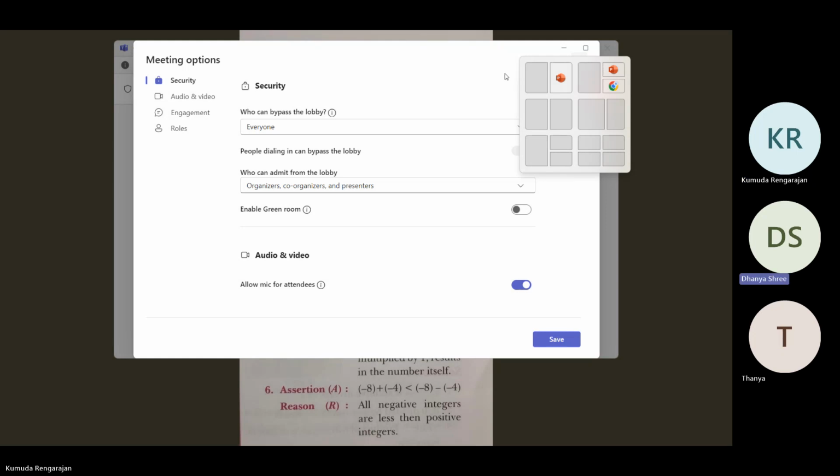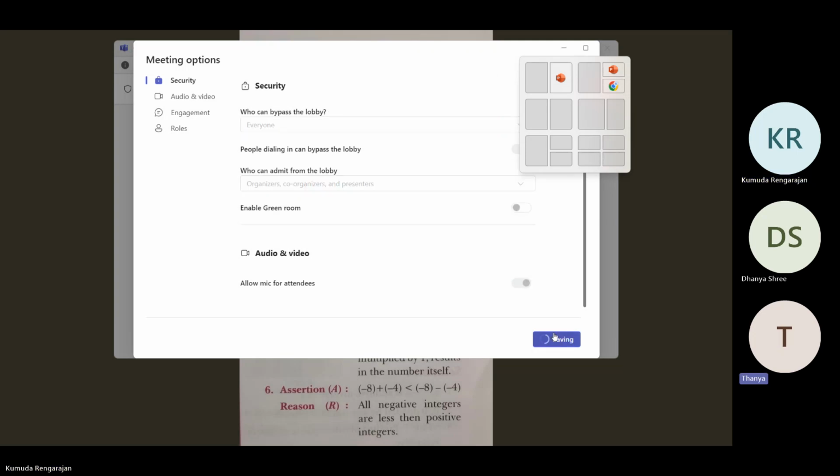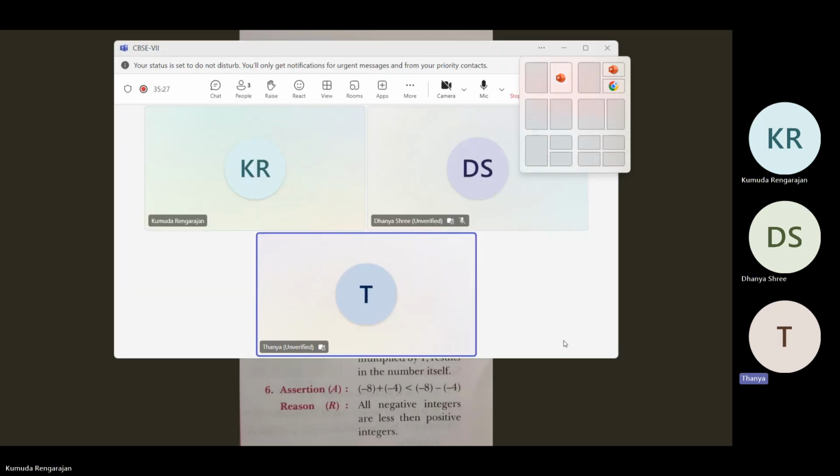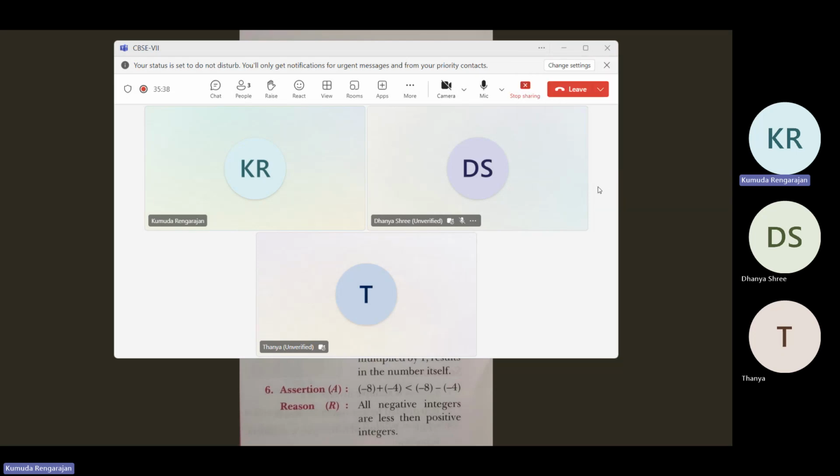Ma'am, I think she joined in the first link, what you see, ma'am. That also I mentioned. She sent a message to me on WhatsApp and I did reply. That's what I told her. Actually, she called my mother and she told her that she cannot join. And my mother is calling my aunt and telling. Oh my God. Tell her that she's already communicated to me and I have told her what to do. Okay.